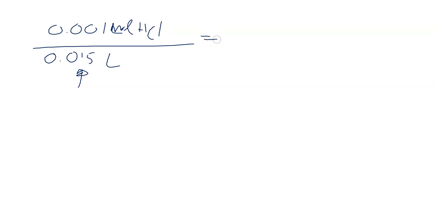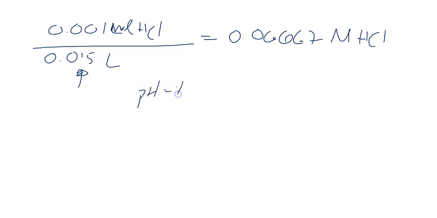So my new molarity is 0.001 divided by 0.015. On my notes, 0.06667 molar HCl. And remember, that's the same as the molarity of the H plus or the H3O plus. So we can directly take the negative log of that. Because it's a strong acid, you can't always do this.